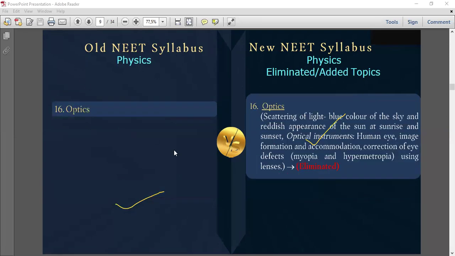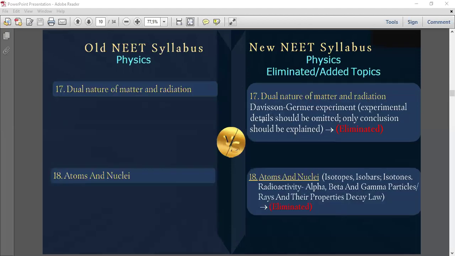Then from optics, scattering of light, blue color of the sky and reddish appearance of the sun at sunrise and sunset, optical instruments, human eye, image formation and accommodation, correction of eye defects, myopia and hypermetropia using lenses, were eliminated in the new NEET syllabus. So questions will not be asked from these topics in the new NEET syllabus.